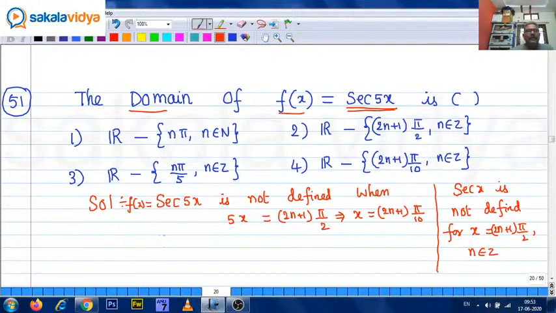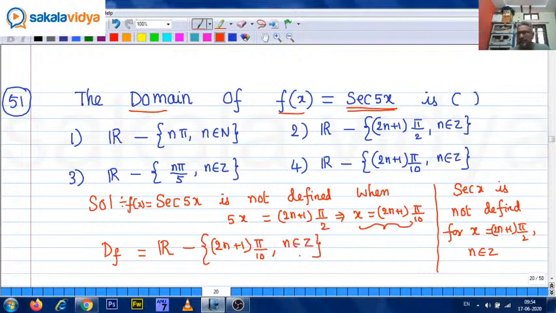Except these values, the rest of the values will be valid. That means the domain of f is the set of all real numbers, but it won't accept these values, they need to be subtracted: 2n plus 1 pi by 10, n belongs to Z. This is the answer. Yes, absolutely correct. The fourth option is the right option.